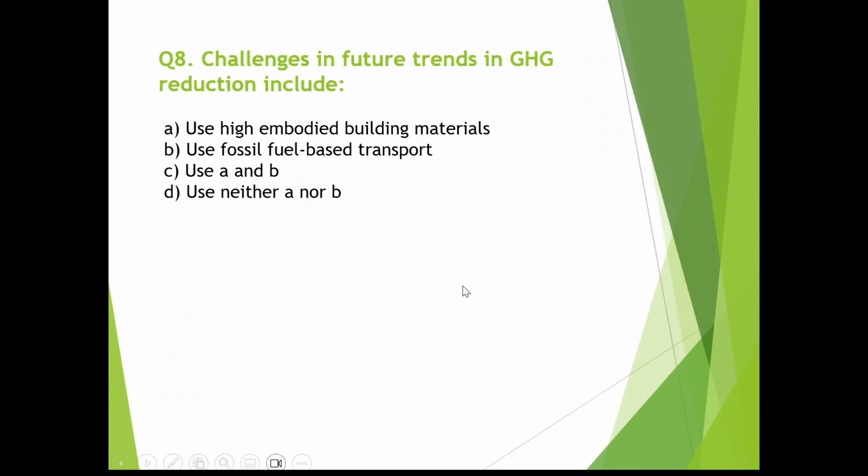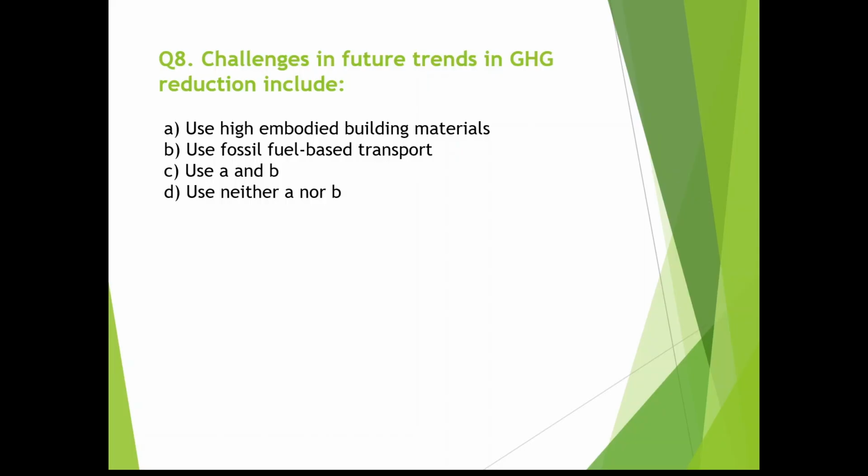So option D, whichever option you people have opted, you are absolutely correct. You have understood the lecture of this week very well. That is, challenges in the future trend in greenhouse reduction include use of high embodied carbon building materials and use of fossil fuels. Both of them are opposite to the reduction aim.